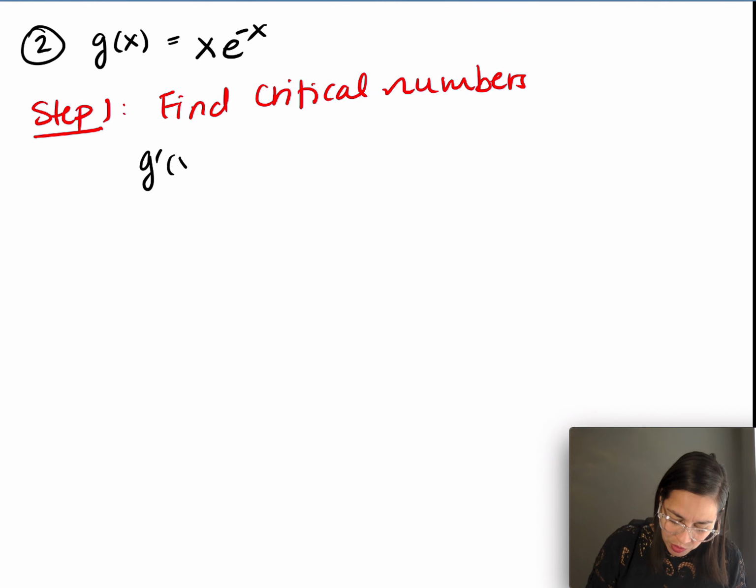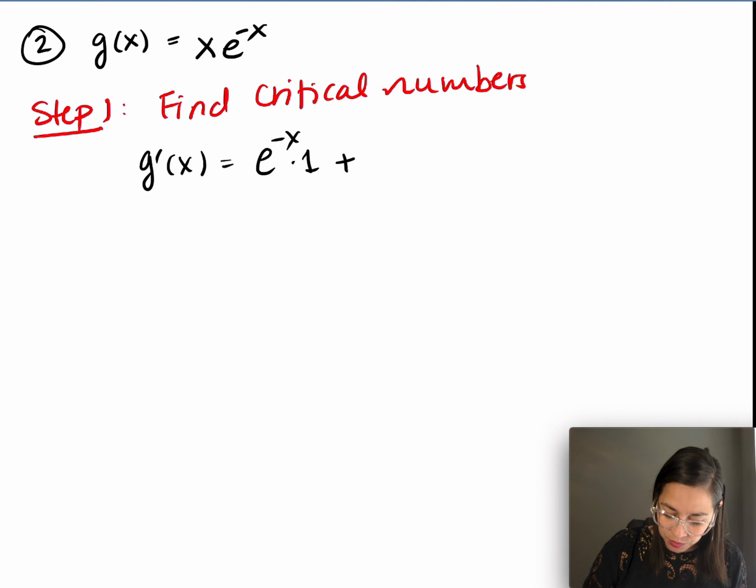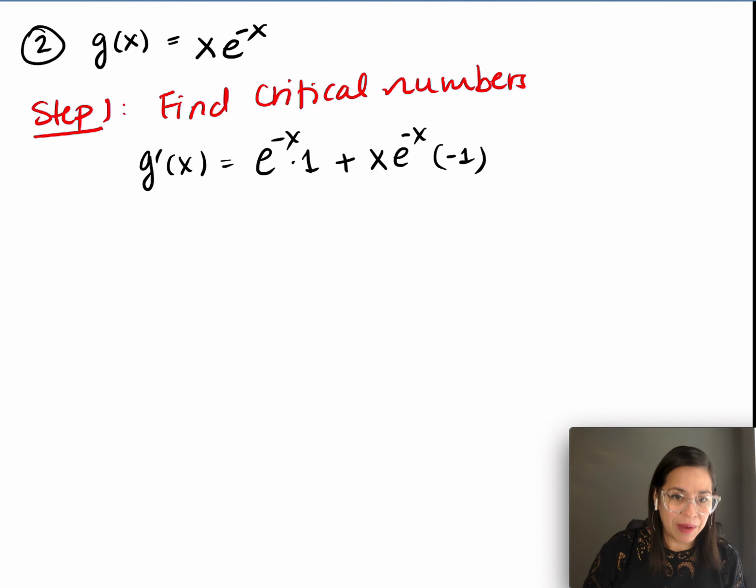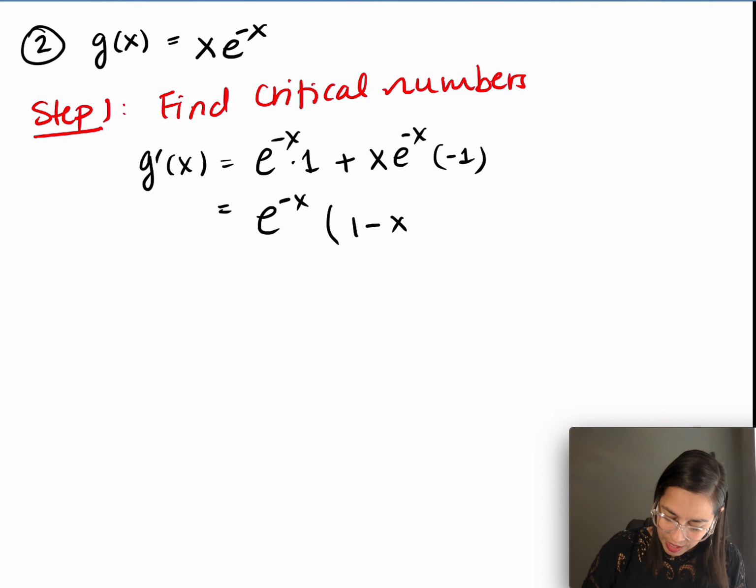So I know that g prime of x is equal to the second one times the derivative of the first one plus the first one times the derivative of the second one, okay? So this is just equal to, I'm going to take e to the negative x out, and I get 1 minus x, and I know that this is 0 if and only if x is equal to 1.